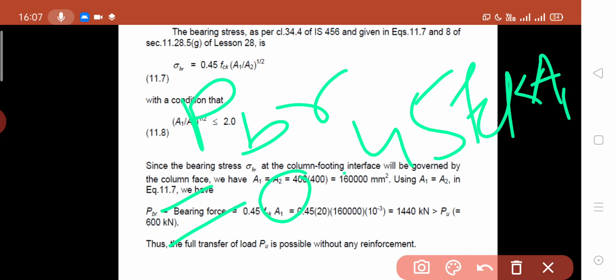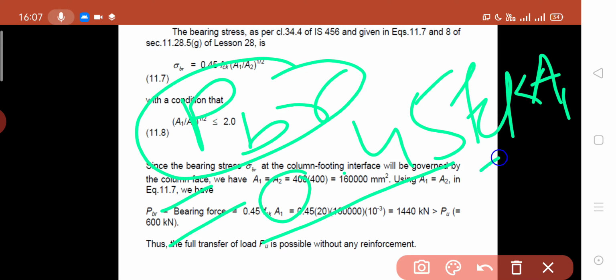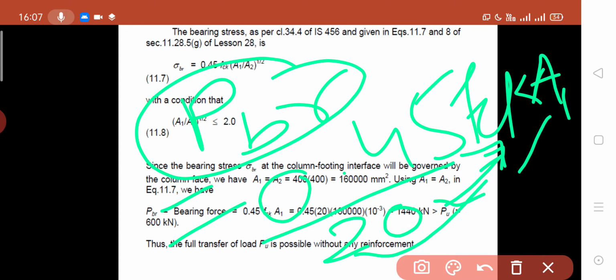This is the bearing force, denoted by PBR. Here FCK is the characteristic strength of concrete, 20, and A1 is 400 into 400, which is 1,60,000 mm square.